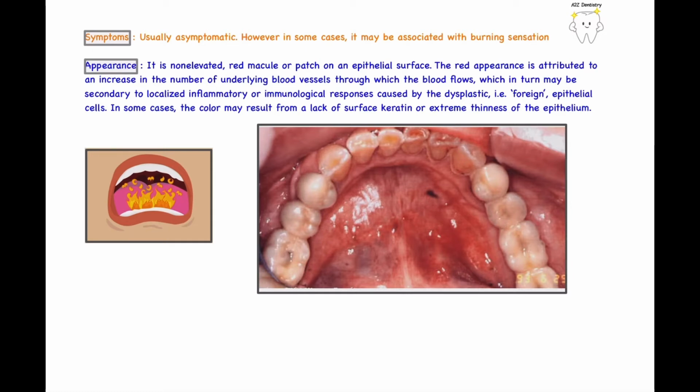The fourth is lack of surface keratin, as the rate of keratinization may be dramatically lowered, and because of the loss of those keratinizing cells, the lesion may appear red. And the fifth reason is the extreme thinness of the epithelium. Because the epithelium becomes very thin, the color of the underlying blood vessels shows through, and therefore it appears red.